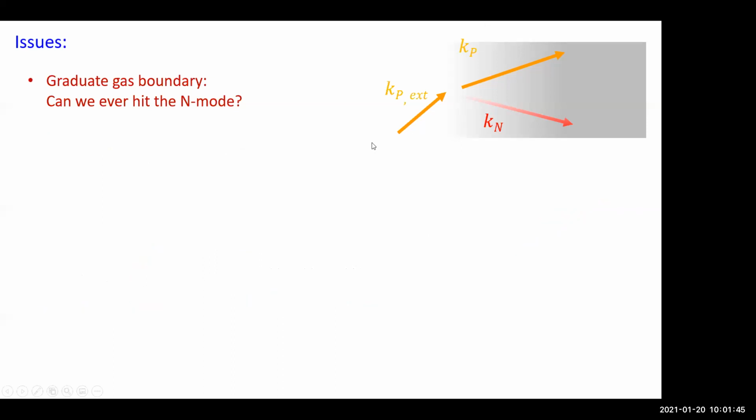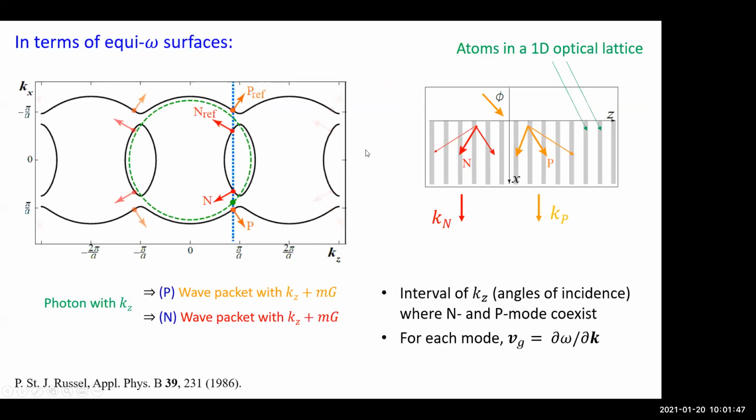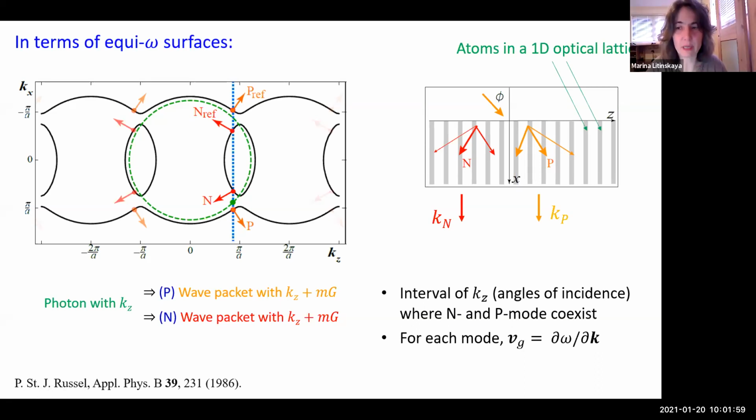Is your strategy drawn from other strategies already used in metamaterials, or is this something very specific for atomic gases? In photonic crystals, there is indeed a series of work about negative diffraction, and they explore exactly this.